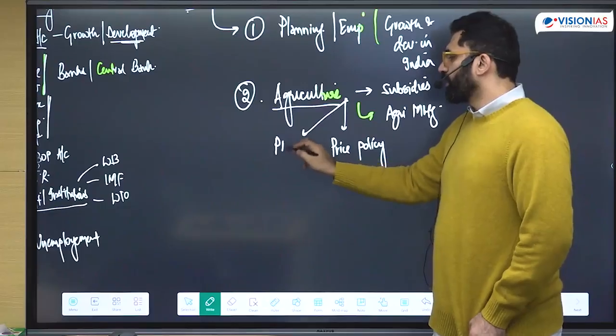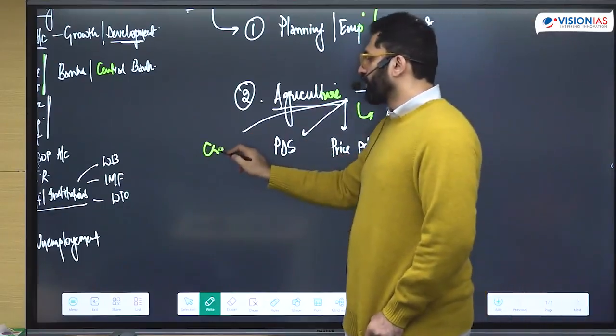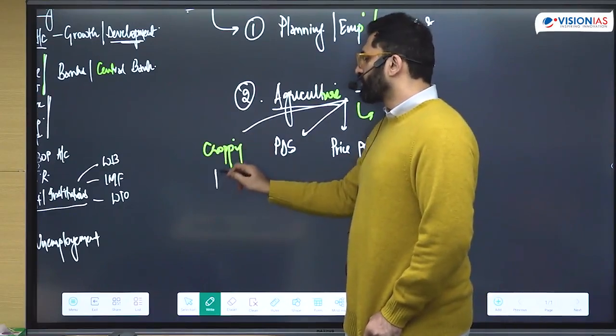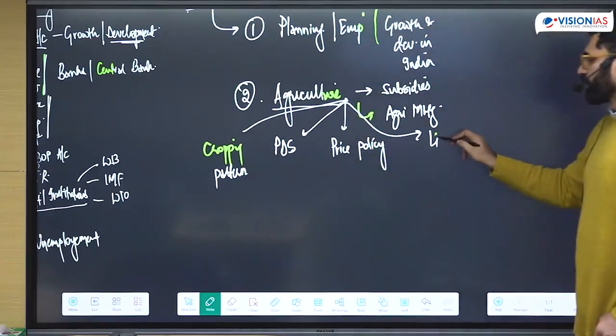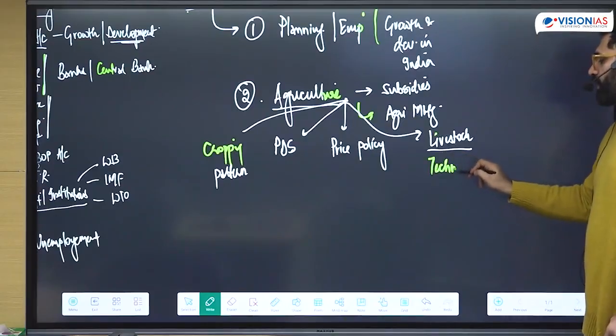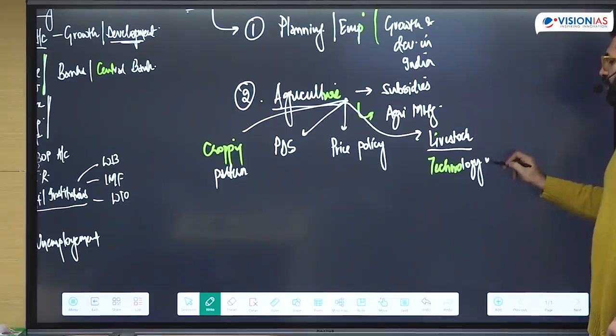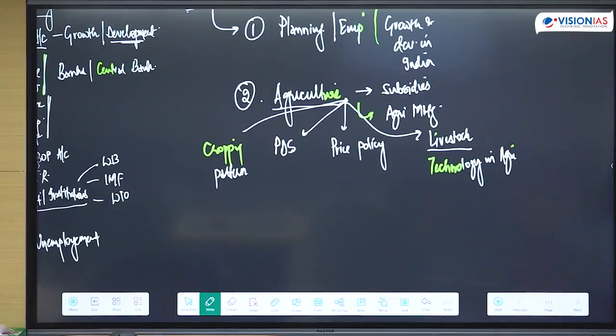Questions can be on PDS, food security, cropping pattern, livestock and animal rearing, and technology in agriculture. Again, mains is trying to understand which topics are important, which means prelims questions are influenced by the same.